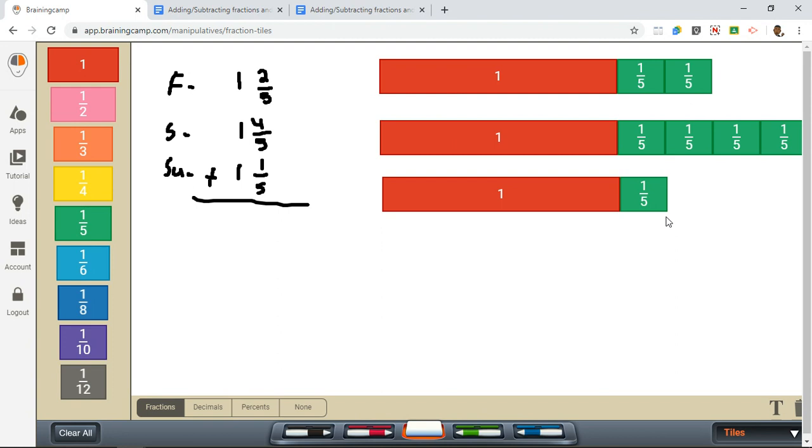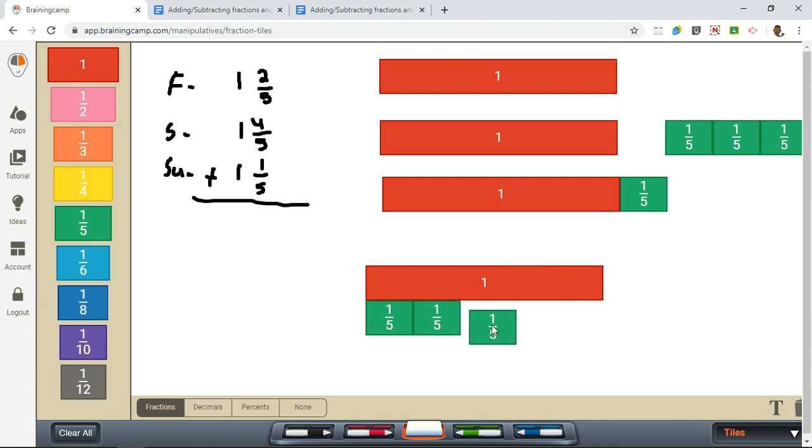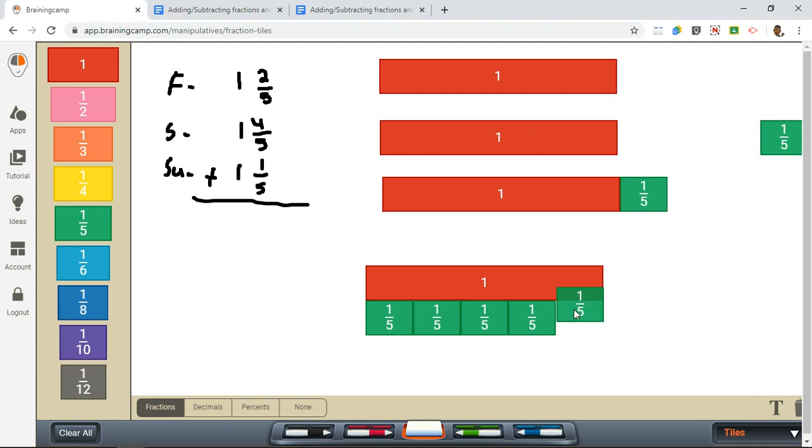So if we're adding this, we can see, well, how many fifths do we have? Let's take the fractions. 1, 2, 3, 4, 5. Well, 5/5 equal 1 whole. So right here I end up with, let me bring this down here so you can see a good representation. If I were to take these 1, 2, 3, 4, and 5, I see I get 1 whole, and I'm left with 2/5 here.